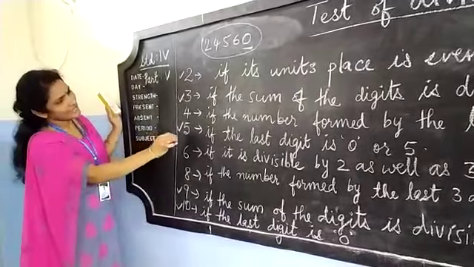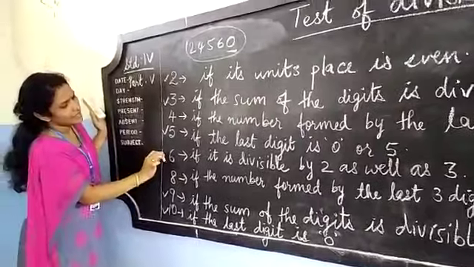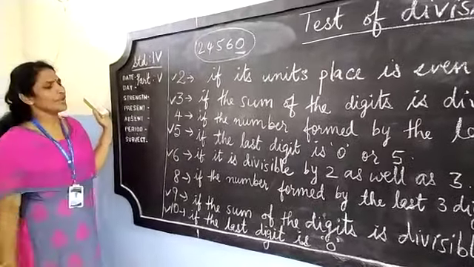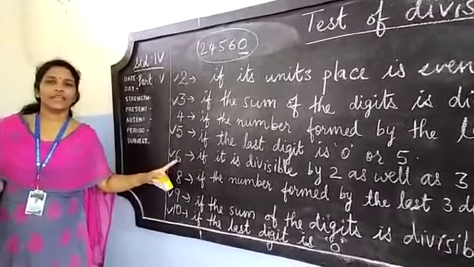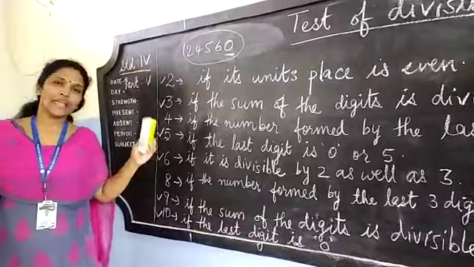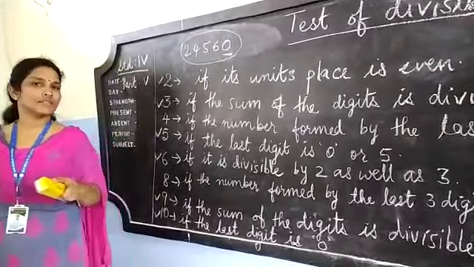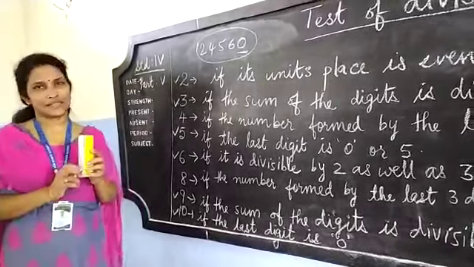Now next, we learned about 2 and 3. We can see number 6. How can you find out whether a number is divisible by 6? If it is divisible by 2 as well as 3, that number is divisible by 6.